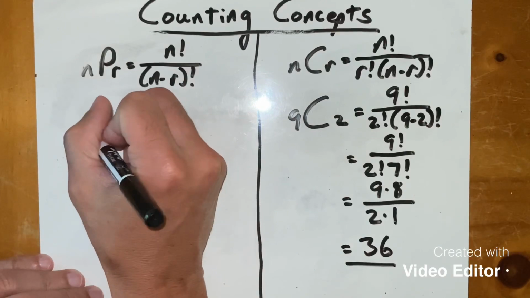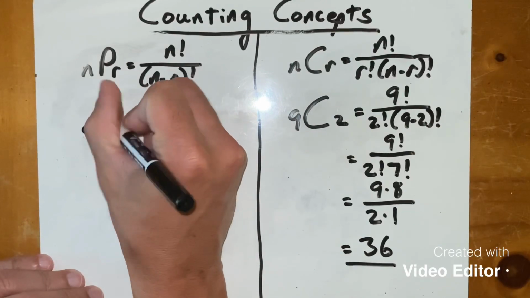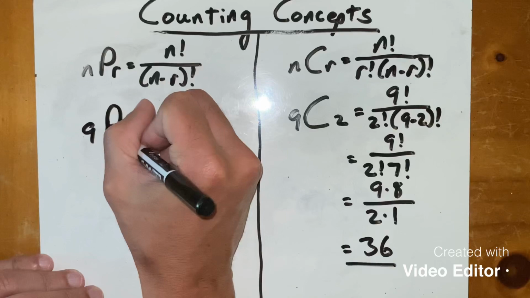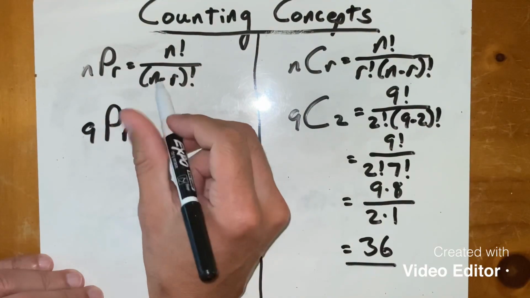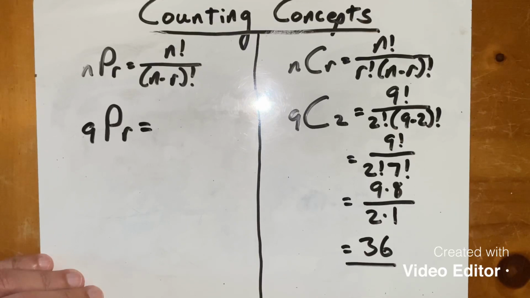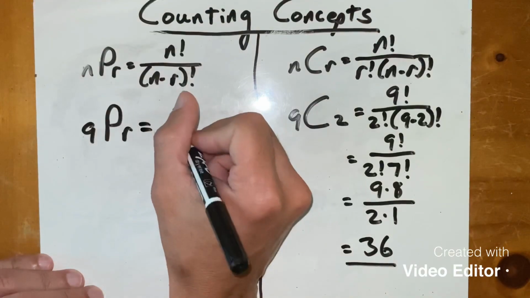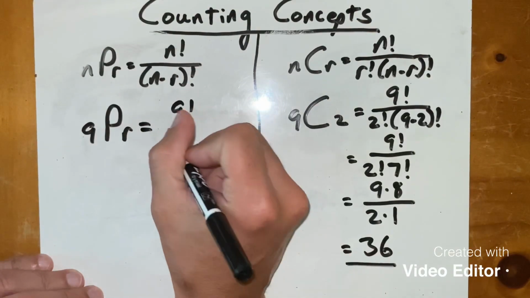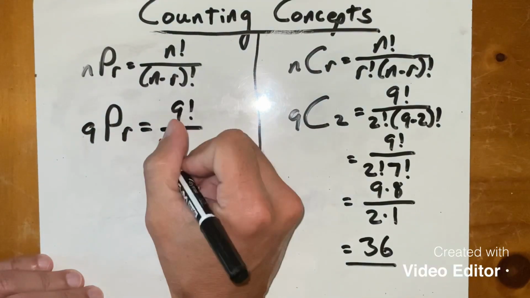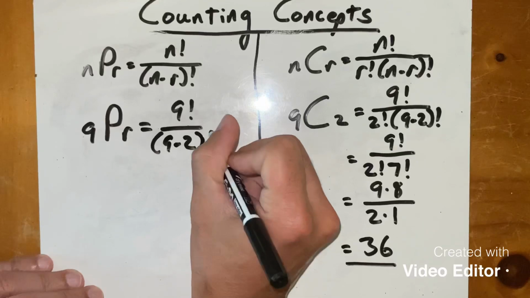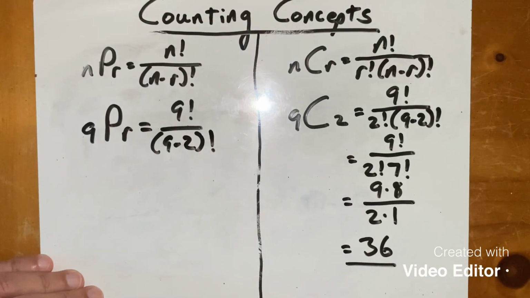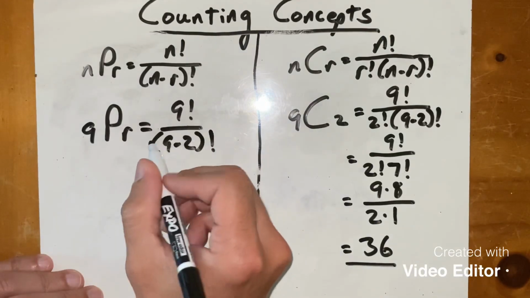I still have 9 players to choose from, and I'm still choosing 2 out of those 9. But since order matters, we're going to use the equation for permutation this time. So I've got 9 factorial on top, and 9 minus 2 factorial on the bottom. Let's simplify.